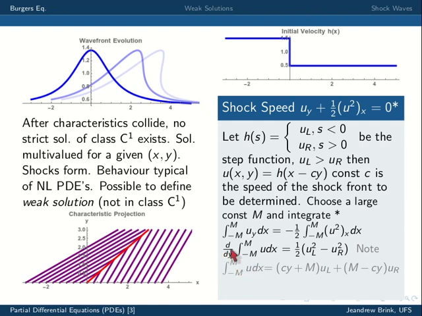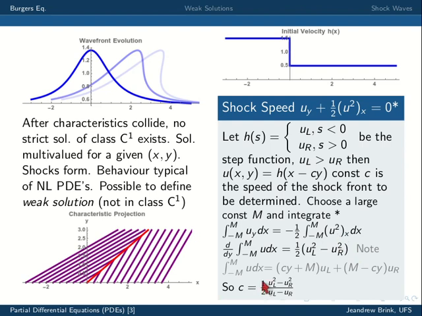You can take the derivative with respect to y, and this m that you chose that was constant disappears. What you're left with is that c times UL minus UR is equal to this thing.